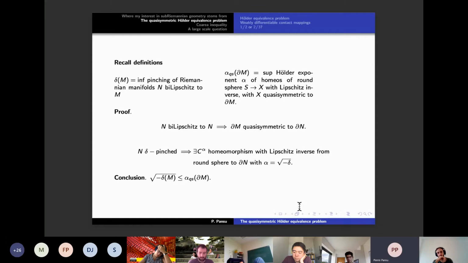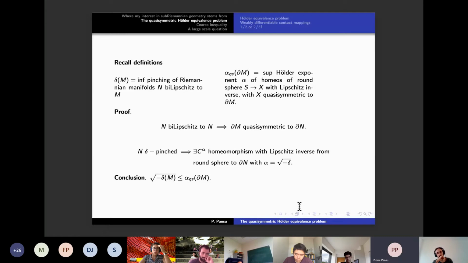So in this manner, we relate this pinching, optimal pinching invariant to an optimal Hölder exponent for its boundary, except that it's up to quasi-symmetric homeomorphism.